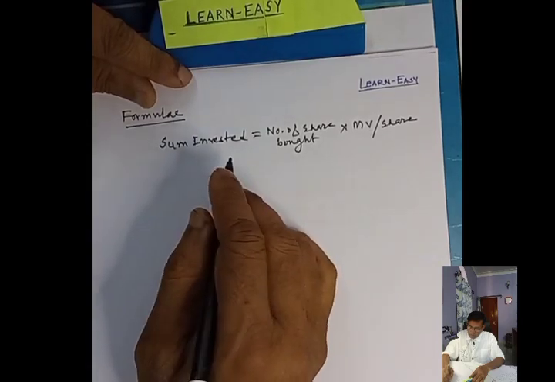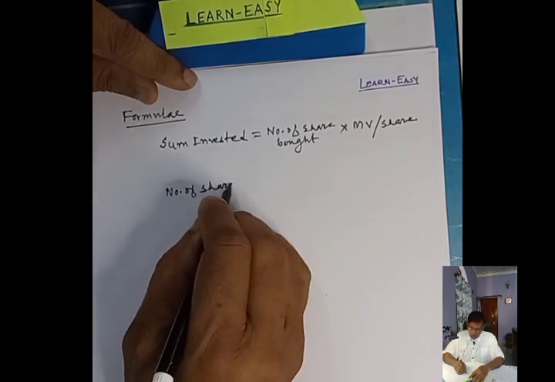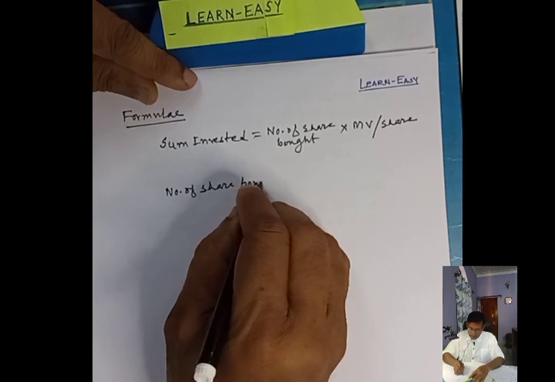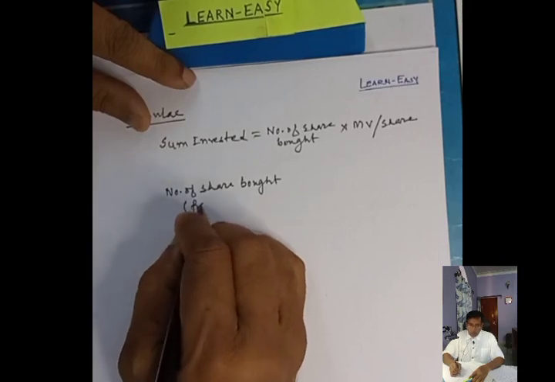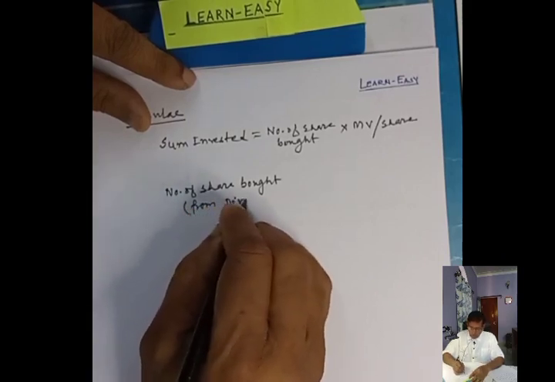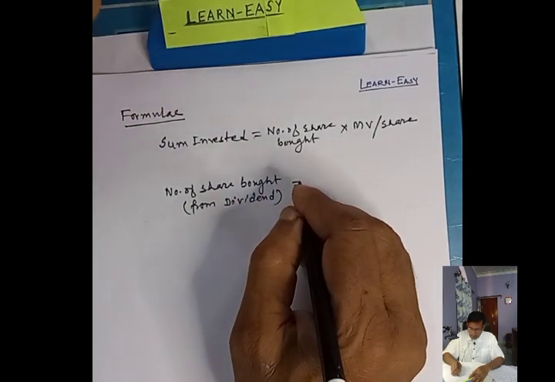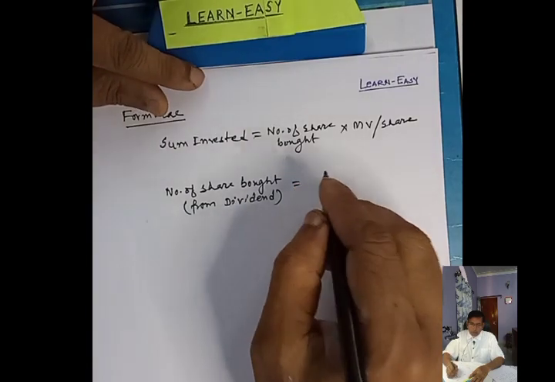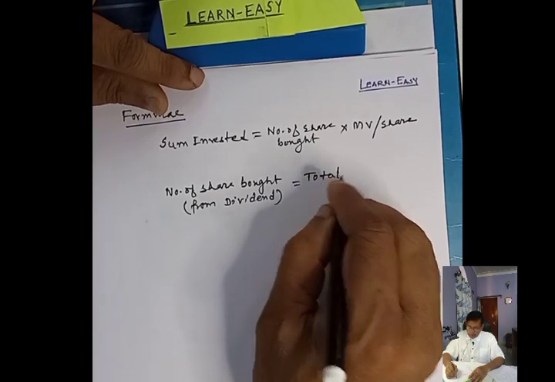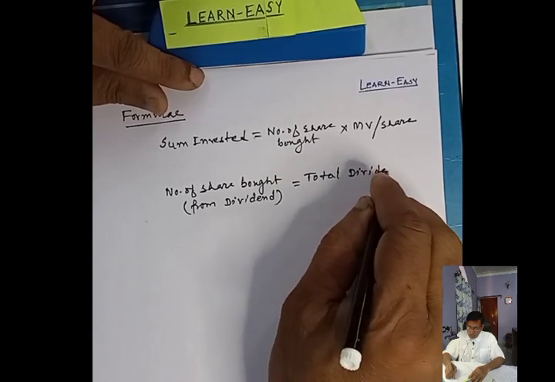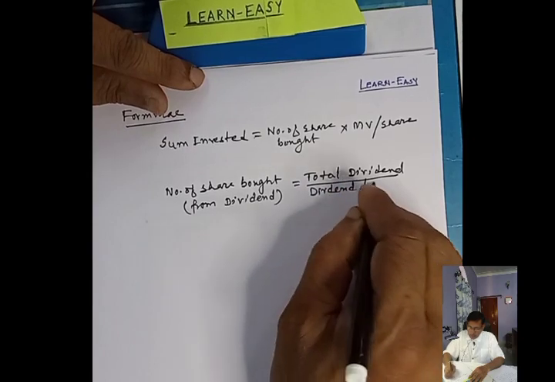That is sum invested. Again, number of shares bought, if dividend is given, is the total dividend divided by dividend per share.